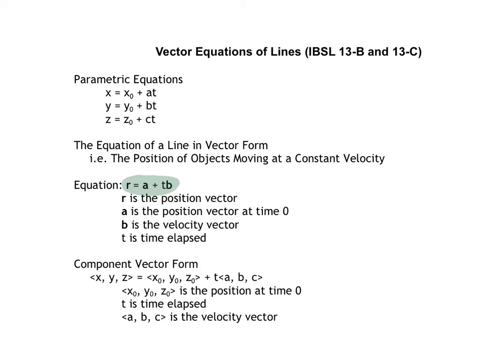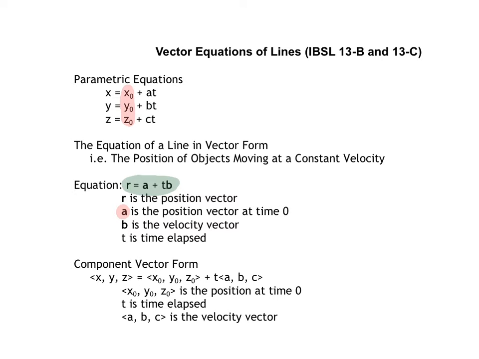Notice what each of these is. The r is our position vector at any given time. Okay, so that's telling us where we're at. What's our location? A is the position vector at time 0. Okay, so A is where we're getting these values from.